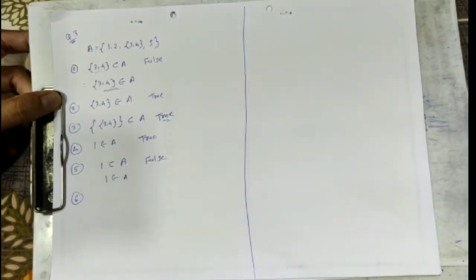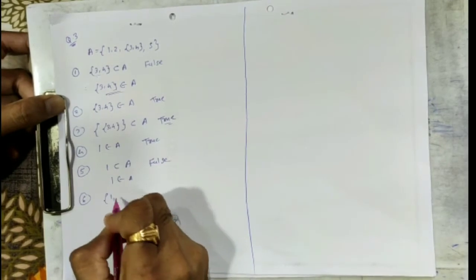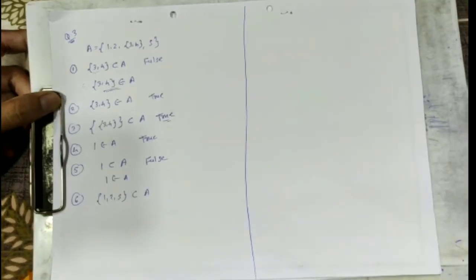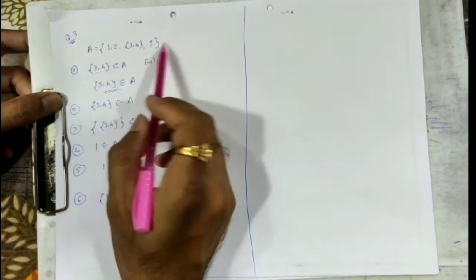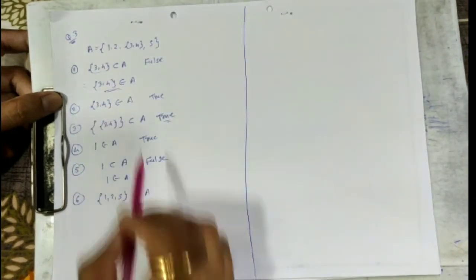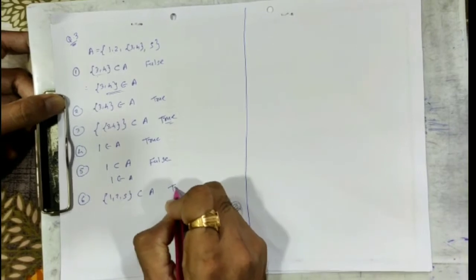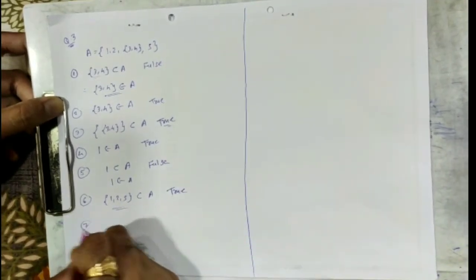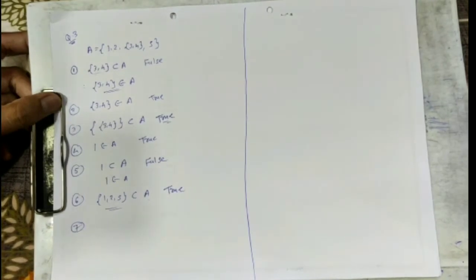Sixth one, 1 2 5, one set having element 1 2 5 is a subset of A. So yes, these 1 2 5 are the elements of set A. So it's a true. This set is the part of set A. 7 number.